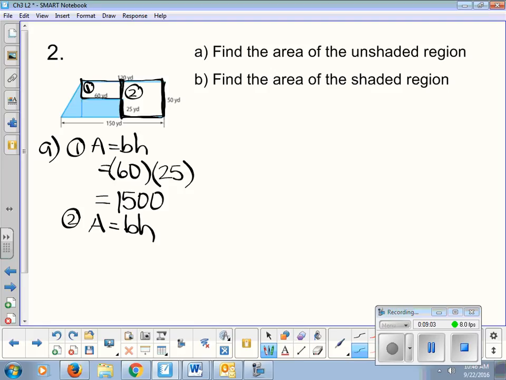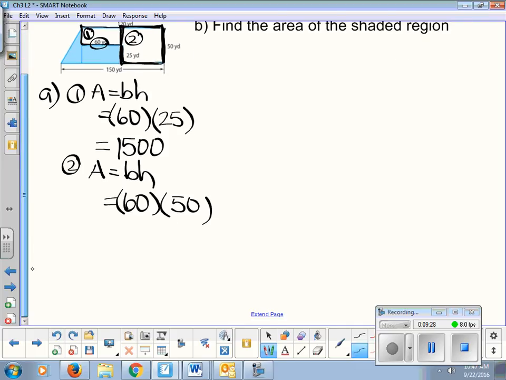If this part right here is 20, if you want to find this part right here, yeah, this is 60, because the entire top part is 120, and if you subtract out this 60, our base for this one is 60, and what's our height? 50, and when you multiply those 2 numbers together, we get 3,000.